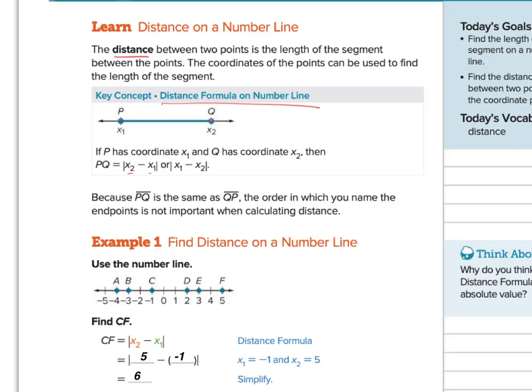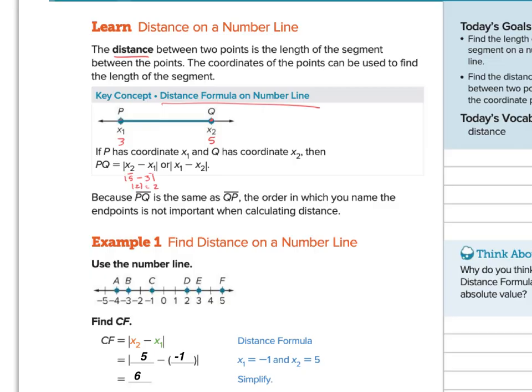So if we just plug some numbers in, right? If I say, hey, this is 3, this is 5. On my number line, that would be moving in a positive direction. So if I take the absolute value of 5 minus 3, that is the absolute value of 2, which we just said is 2.